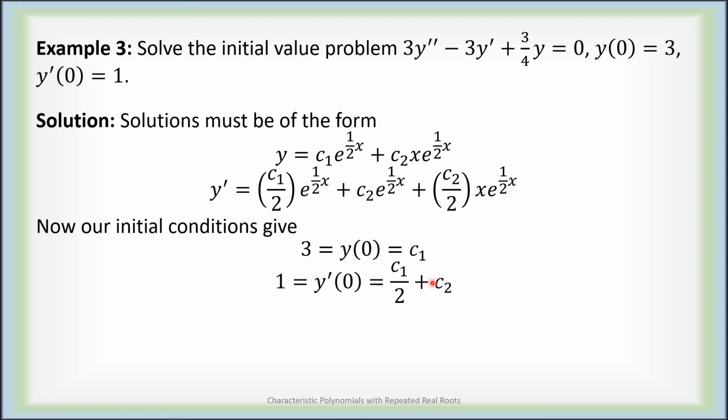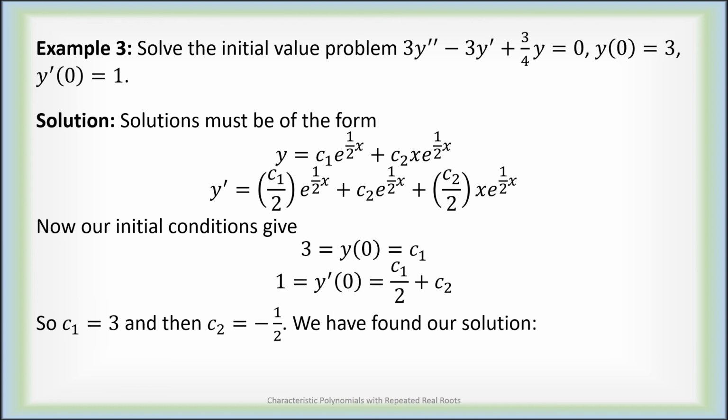Therefore, c1 over 2 plus c2 must equal 1. Since we already know c1 must be 3, that lets us solve for c2 is negative 1/2. Now that we know the two constants, we have found the exact solution. y must be 3e to the 1/2 x minus 1/2 times x e to the 1/2 x.